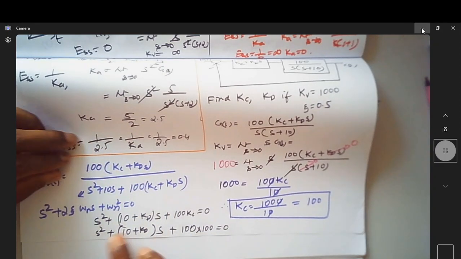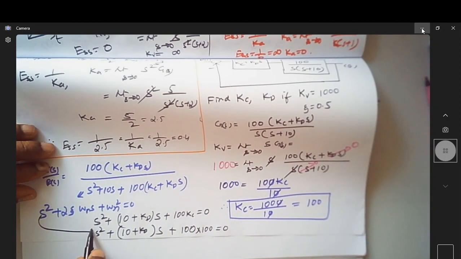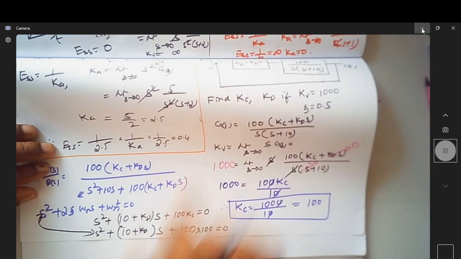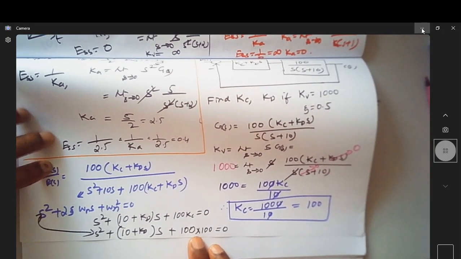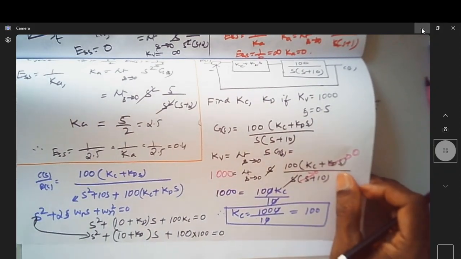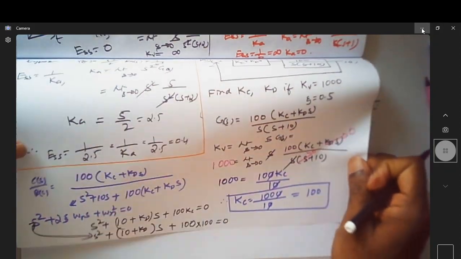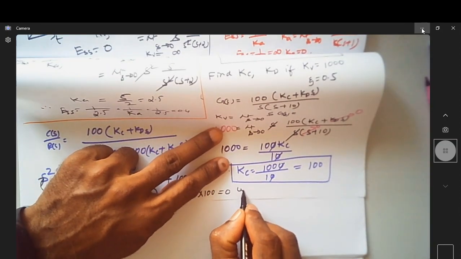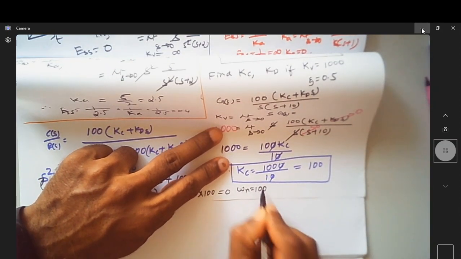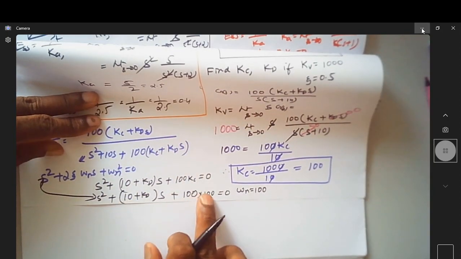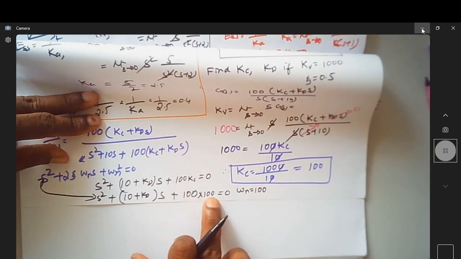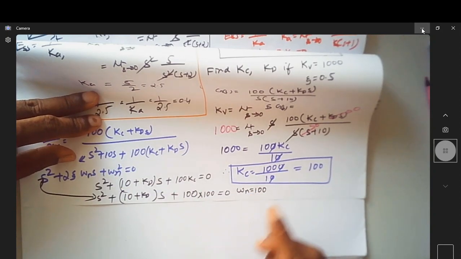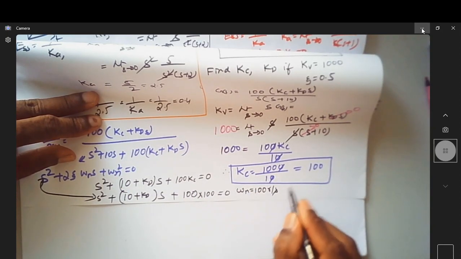Then equating this standard form and the form given for this block diagram, can we write omega n as 100? Omega n square is 100 into 100, so omega n is 100 radian per second.